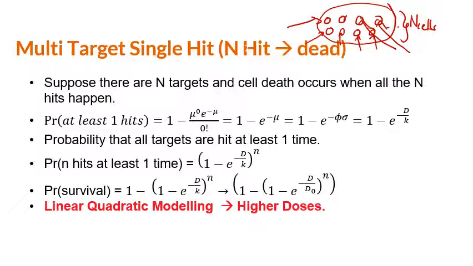So, yung probability of at least one hit is given by this. So, ito, take note, ito yung probability ng 0 hit. So, 1 minus the probability of 0 hit is given by 1 minus e to the minus mu. Okay?